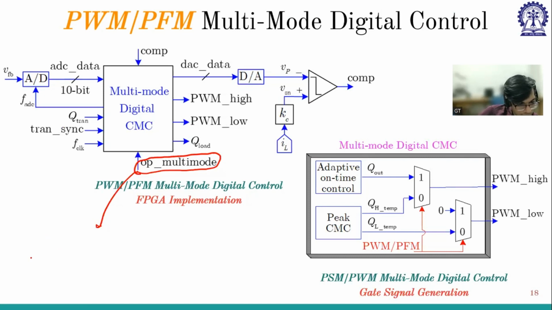I'm calling this FPWM PFM. If it is 1, what is happening? According to the code, it can be the other way around also. Adaptive on-time. And if it is 0, it is peak current mode control.